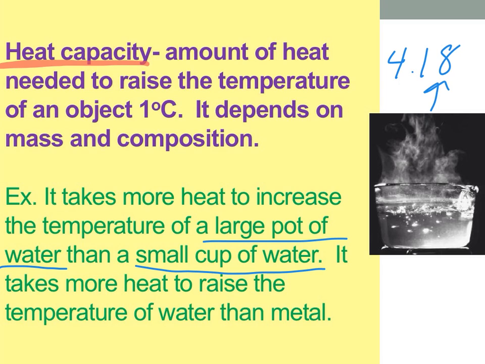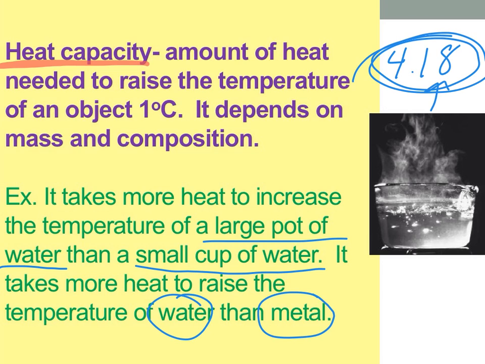And that makes sense. It takes more heat to raise the temperature of water than metal. So a lot of people don't think that. They think, oh, well, it takes a lot more energy to heat up metal than it does water because metal's tough and it's hard and it's a metal. Well, that's not always the case. Water has a high specific heat. Okay, keep that in mind. So it takes a lot more energy to heat that up than it does the metal.